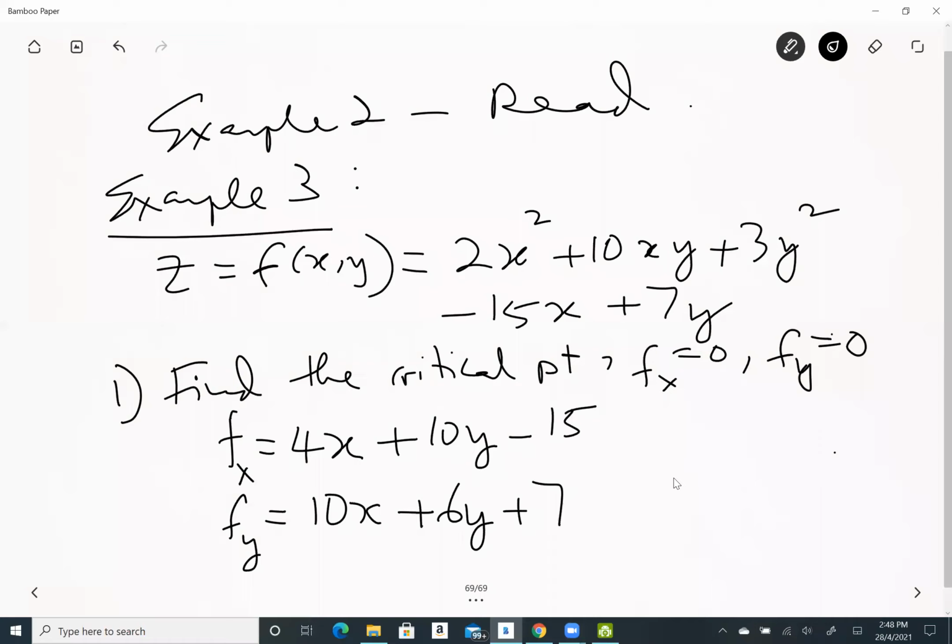But this y is a constant, and it doesn't multiply with any x. So when you take the derivative, that will be equal to 0. So the only terms that you take the derivative with respect to x are 2x squared, which is 4x, and then you have 10xy, you got 10y. The 10y you got right.